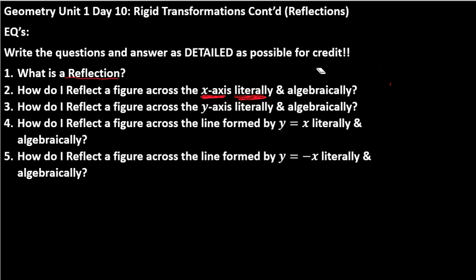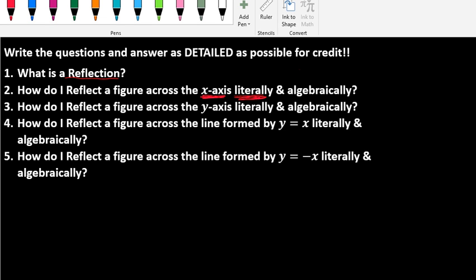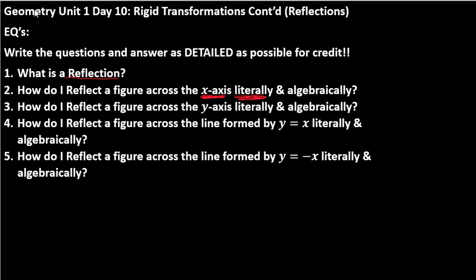All we did, basically, was count our vertex distances from the line of reflection. That's really all we did, and then we just drew it again on the other side. So that's how we literally did it.